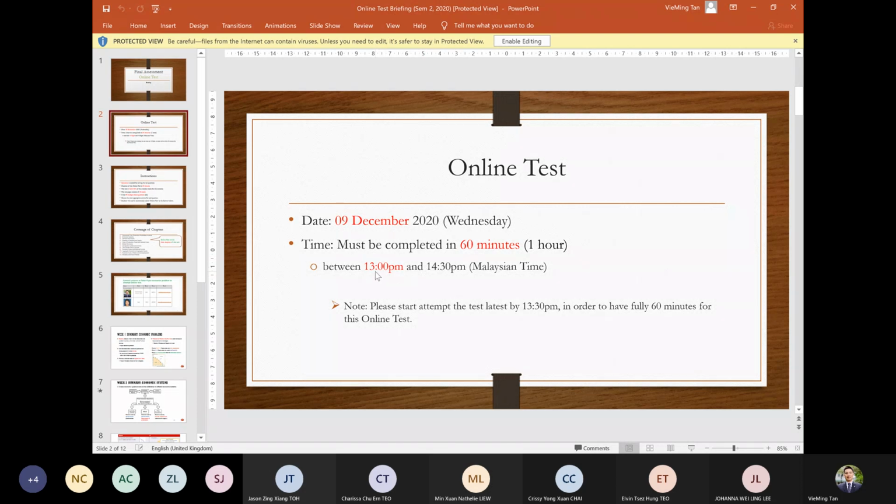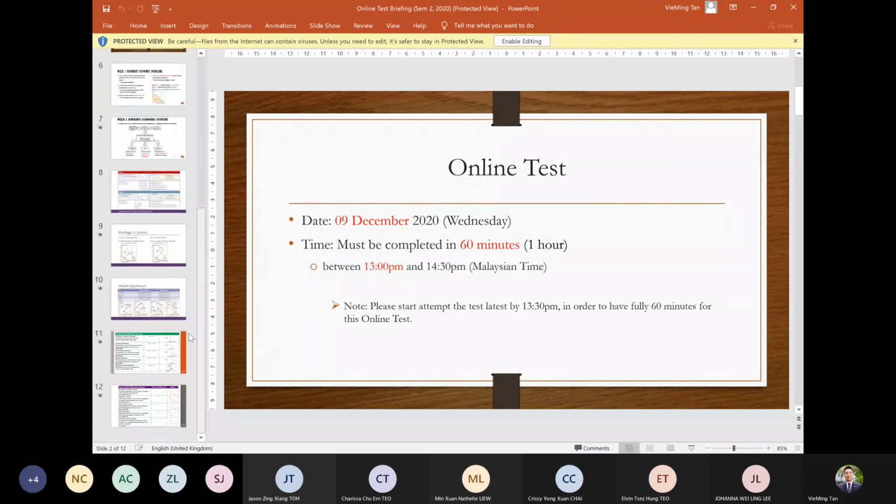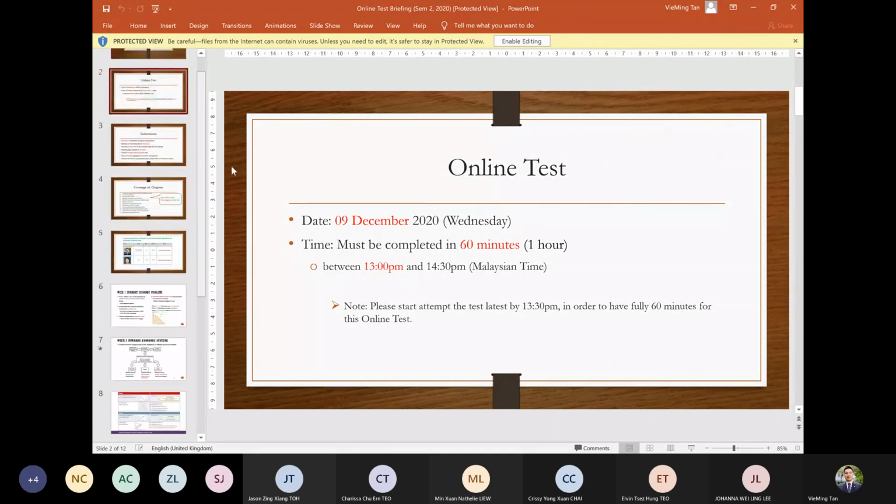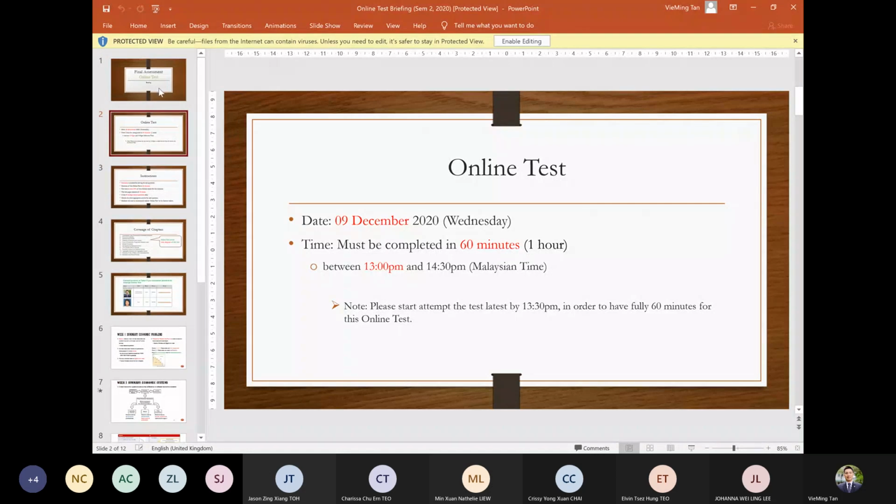Let's say if you start at 1:15, you can still finish by 2:15 and enjoy the full 60 minutes of assessment time. So try to start early in order to avoid any technical issues. The details of the assessment we will discuss this coming Monday. But before the briefing, you can go through the PowerPoint slide if you want.